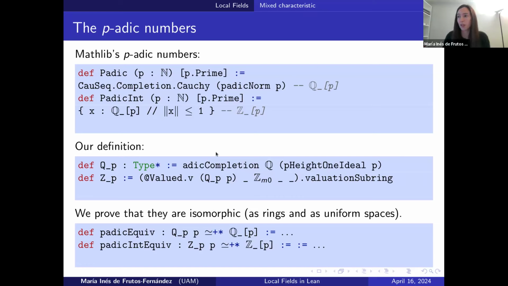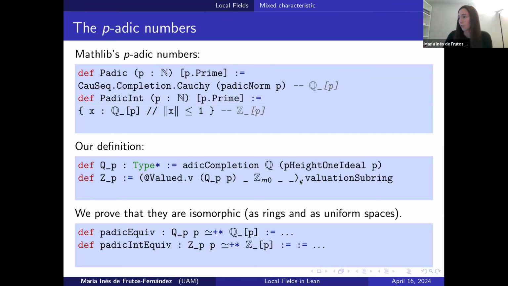A second reason why we decided to do something different is that in the Mathlib definition of the p-adic integers, they are defined just as a subtype. And then that means that you have to do a bit of work to show that this is actually a subring and to get some properties that you might want about this ring.